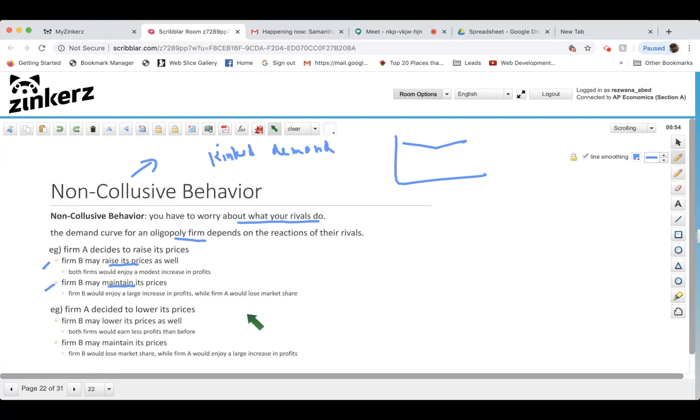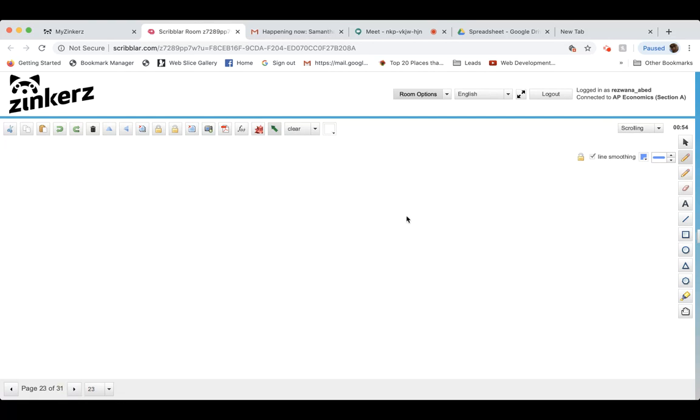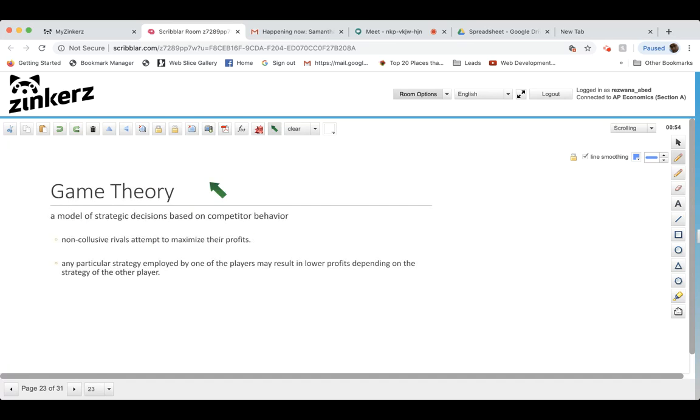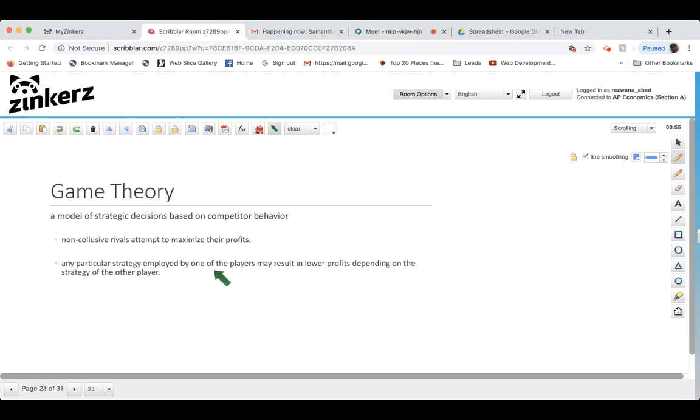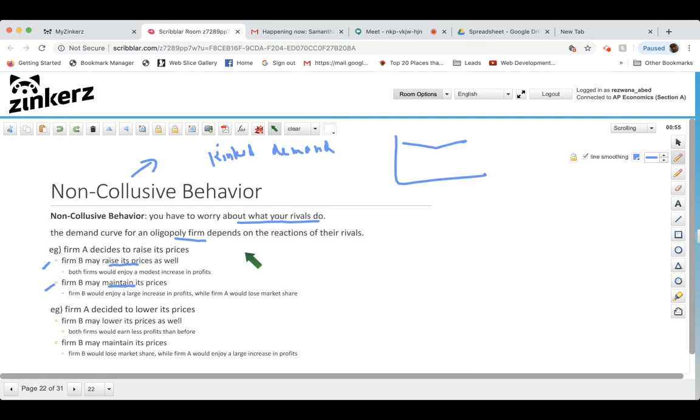And so next week in class, we'll take a look at this thing called game theory, a model of strategic decision making based on how your competitor is behaving. We'll take a look at this kind of matrix. It's not difficult once you get your head around it. You can be sure that something like this is going to show up on either the multiple choice portion or the free response, so we'll have to make sure we understand it well.